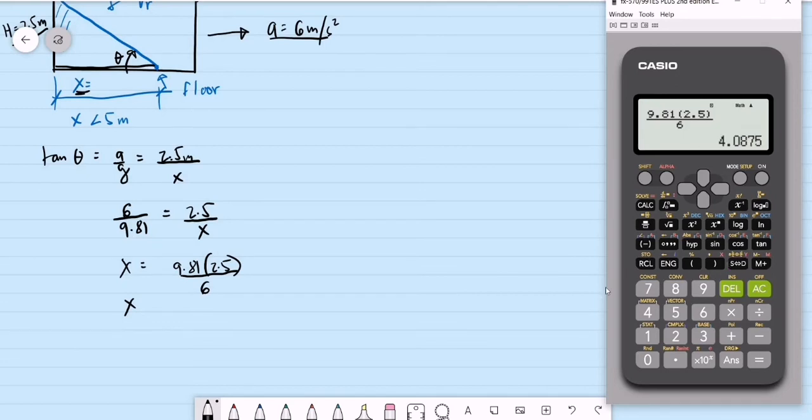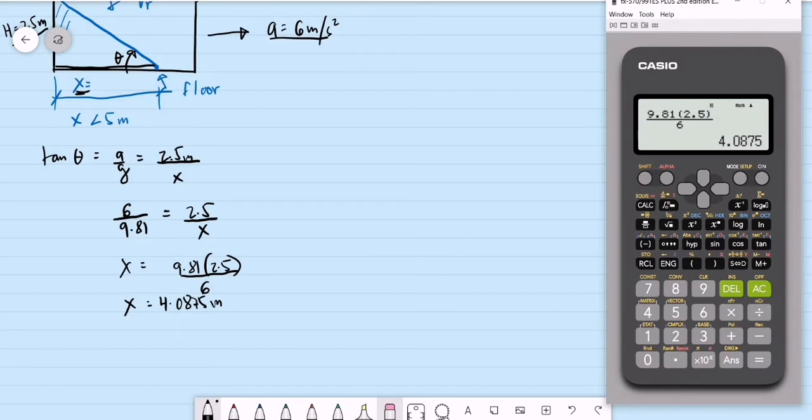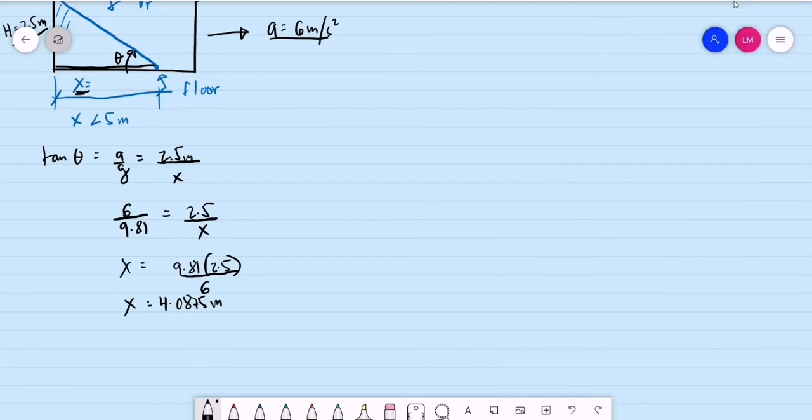That is equal to 4.0875 meters. If we recall, how do we prove this? It should be less than 5 meters. Therefore, our assumption is correct.